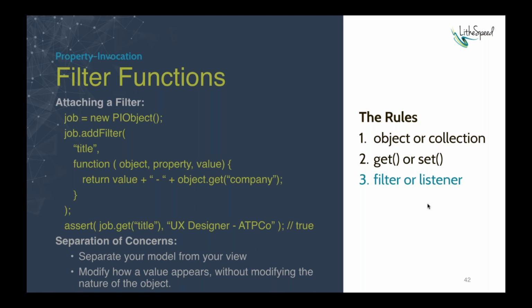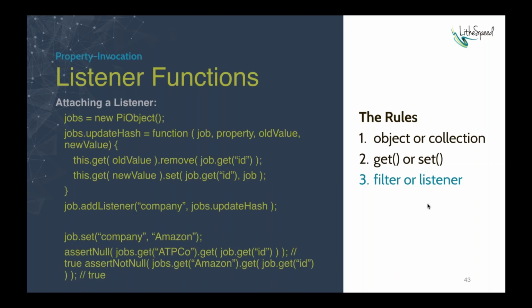Now I can string these things together and create this filter. I'm not editing the object. The name field still looks like the name field, or it still looks like the title field. I'm not editing the database. I don't want to change the data in any way. I just want to change the way that it is shown. So that's what a filter is. So every time you get information, you modify it before it gets sent back to the original request.